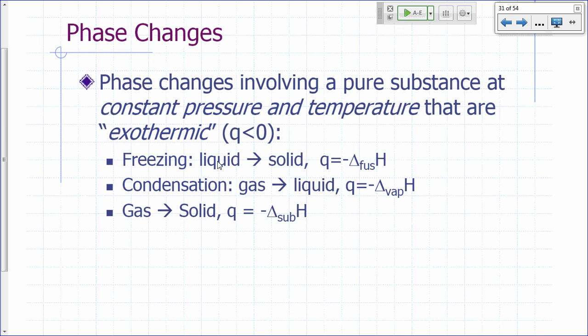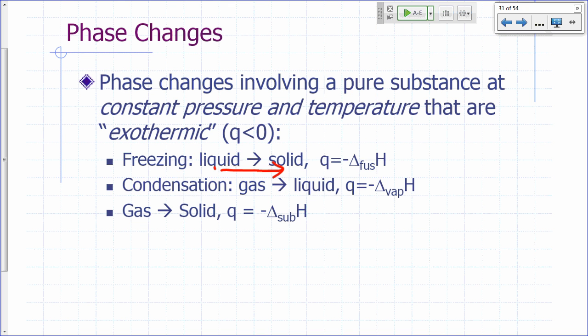Now, if you look at the reverse process, if you want a liquid to change into a solid, what would you have to do to turn a liquid into a solid? You have to take energy out of your liquid, okay? So it has to be an exothermic process.